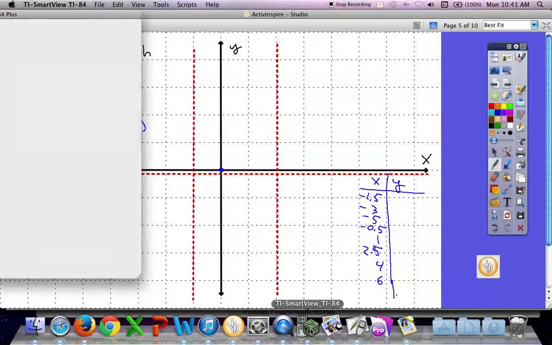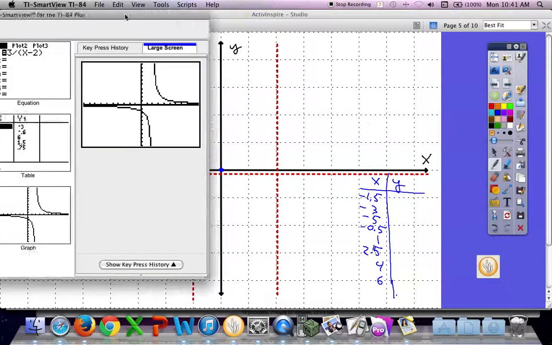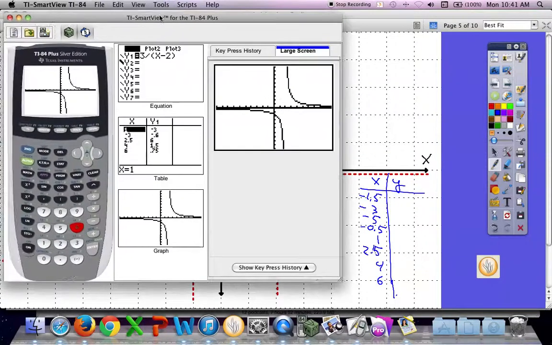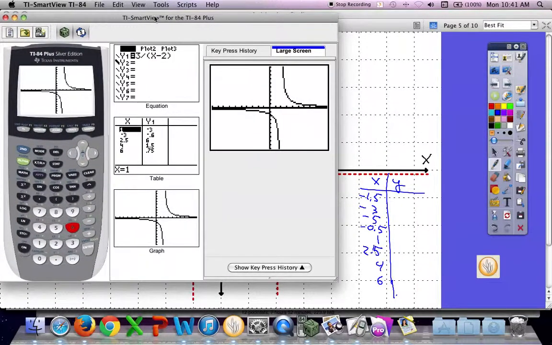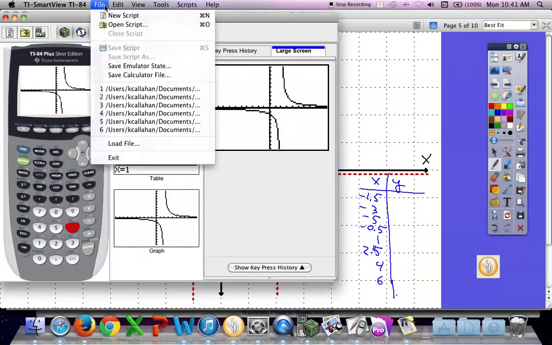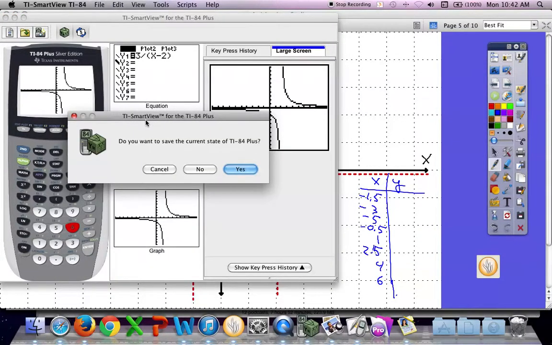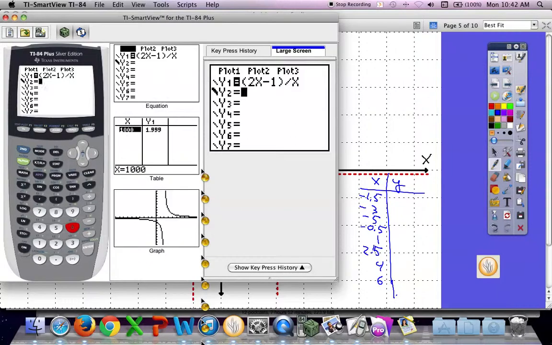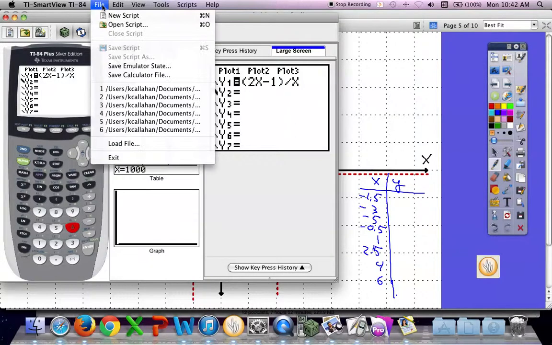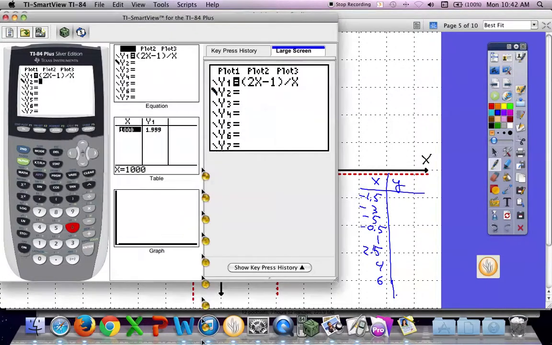So let me bring up the calculator. And file. Darn it. That's not it. I've already loaded it in here, but I don't know which one it is.